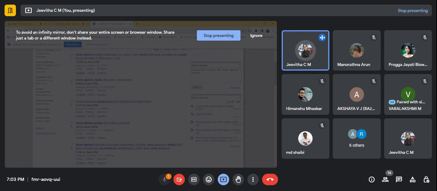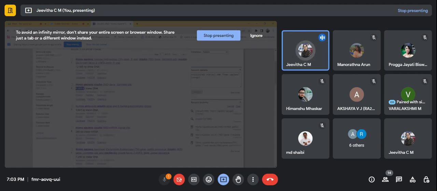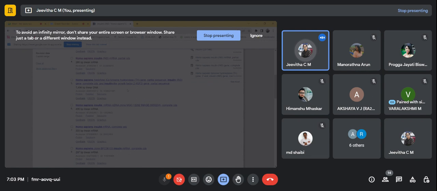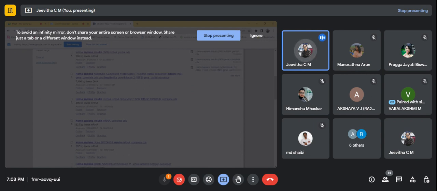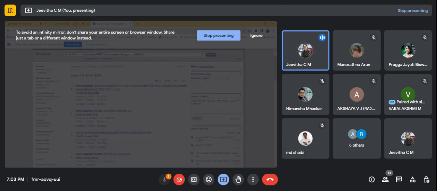For example, you can see this insulin gene is having 4969 base pair length, and this is also a complete CDS region. And here we are having Homo sapiens insulin complete CDS with only 333 base pairs. So every entry here differs, and you have to know particularly what data you are going to take. So I'm starting with this.